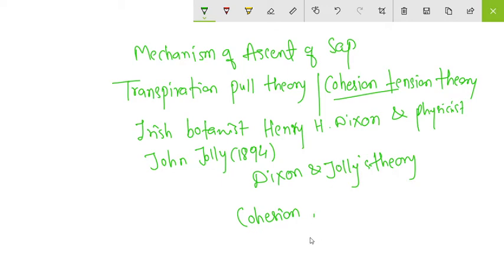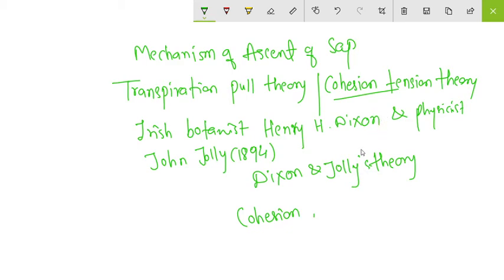This theory is widely accepted and it is fully supported by evidence. The experimental evidence proved that the ascent of sap takes place by this mechanism, the transpiration pull, or the cohesion tension.